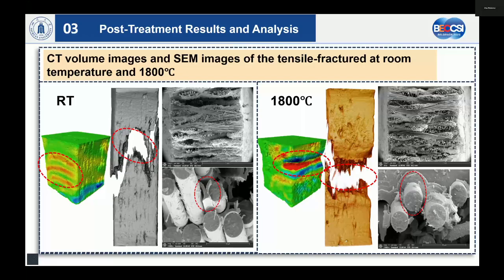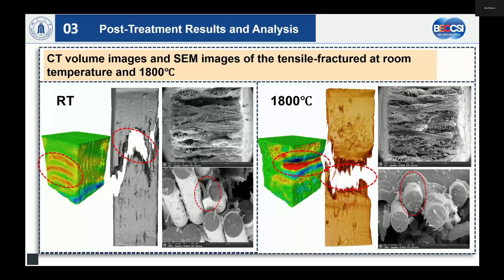At the same time, we also noticed some observations from the SEM images. For example, the fracture surface at room temperature is more uneven, while that at high temperature is relatively flat.